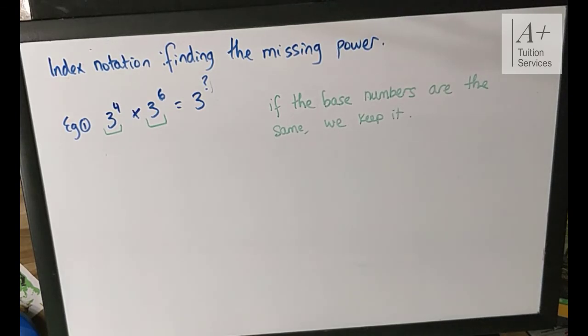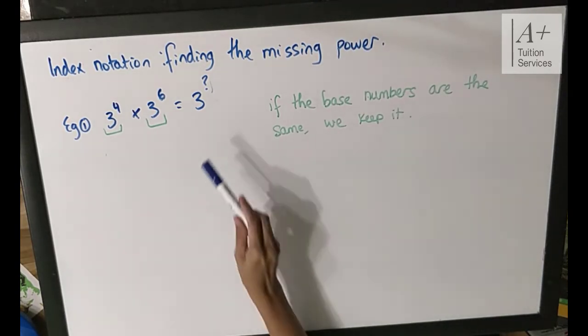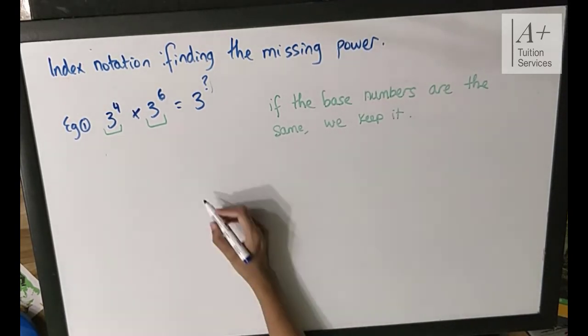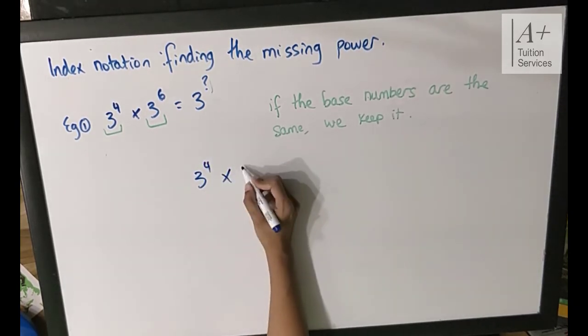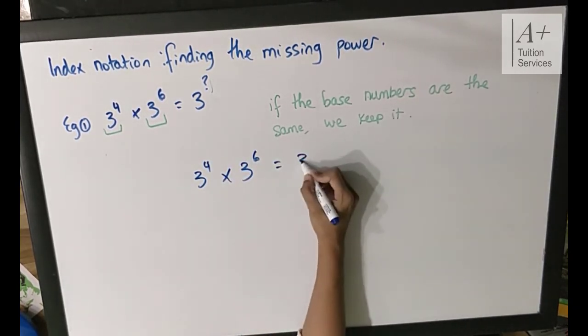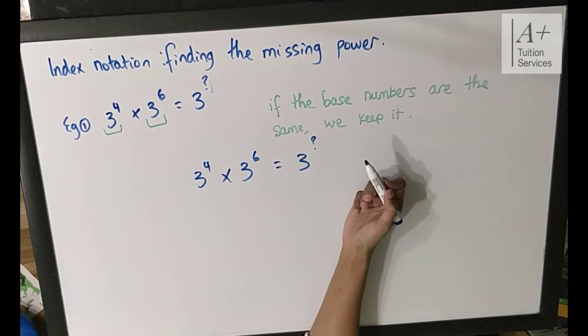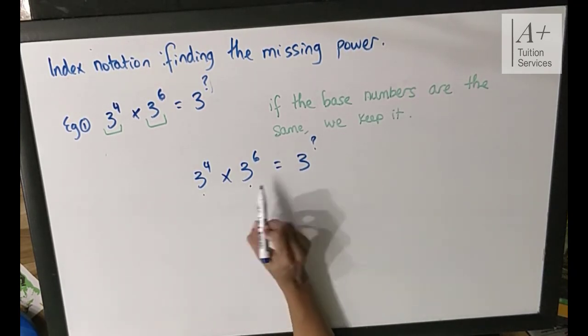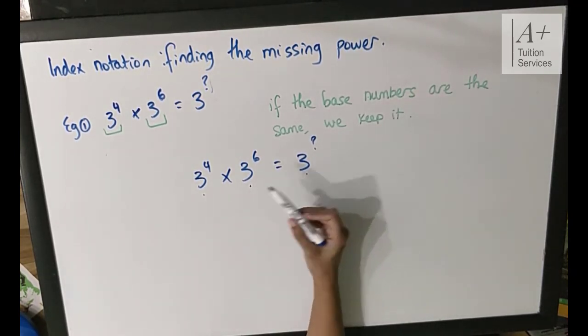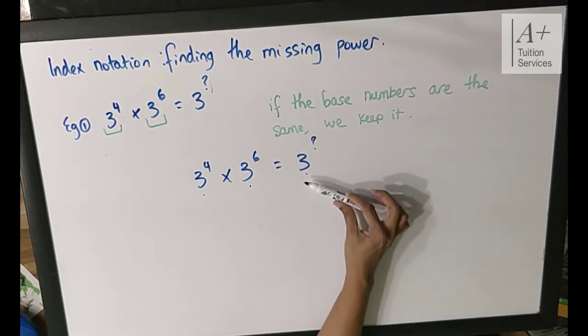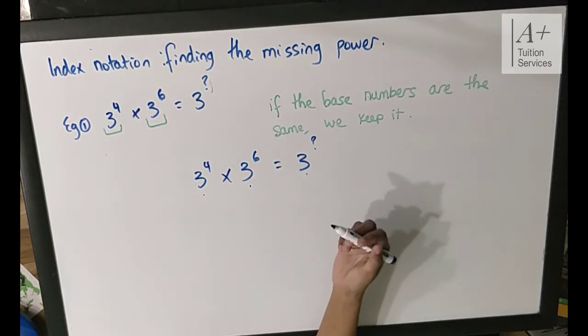So I'm keeping my base number of 3, right? So they tell me 3 to the 4th power multiplied by 3 to the 6th power is equal to 3 to a number that we don't know. 3 and 3 is the same, so we put back 3 here, because once you have the same base number, the answer will be based on that base.